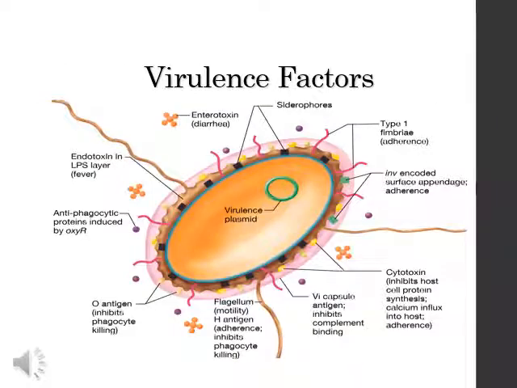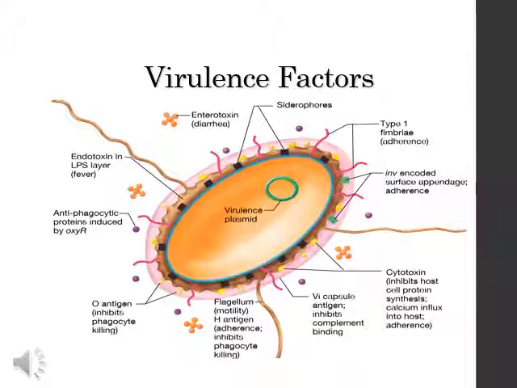here you can observe some virulence factors in a bacteria. Endotoxins are virulence factors. Enterotoxins are a virulence factor. Cytospores in the wall are also a virulence factor. Fimbriae can also act as a virulence factor. They are involved in attachment, so they are helping the bacteria in disease development.